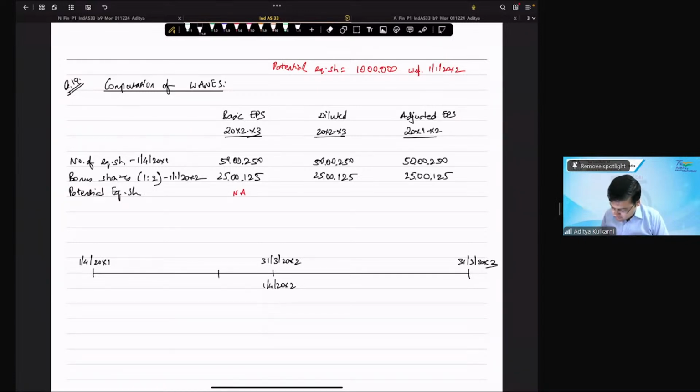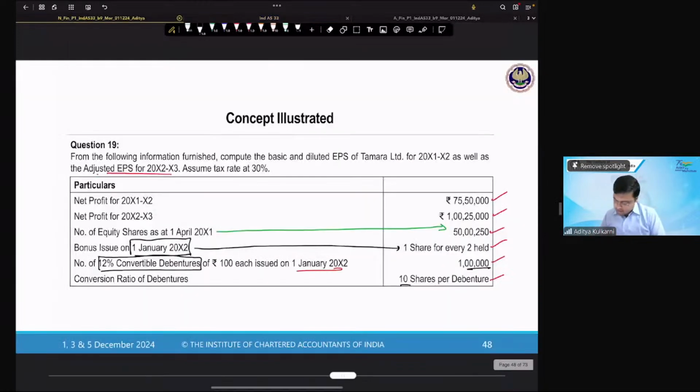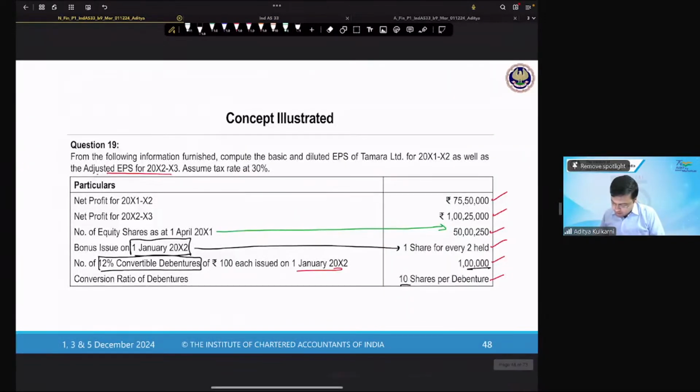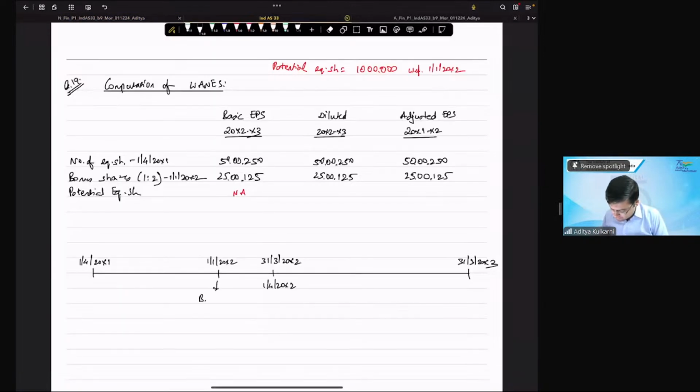And here it is 1st of January 20x2. Am I right? So on this date, I am having a bonus issue as well as convertible debentures. Bonus issue and convertible debentures. Is it okay? Yes. whole year के लिए। PDF that has been uploaded on Boss portal, I've downloaded that.